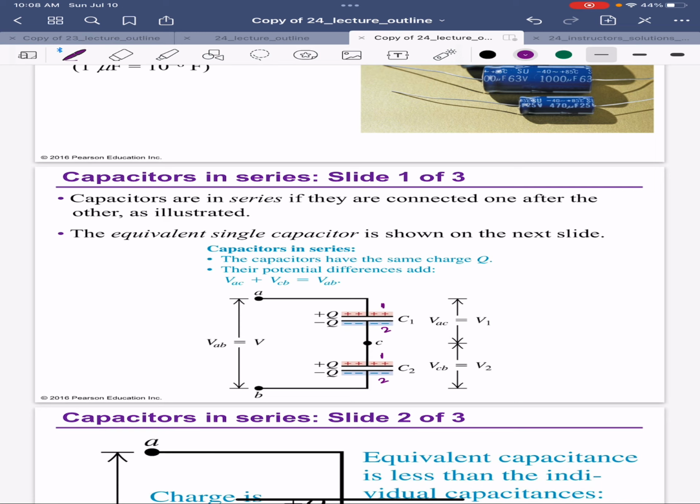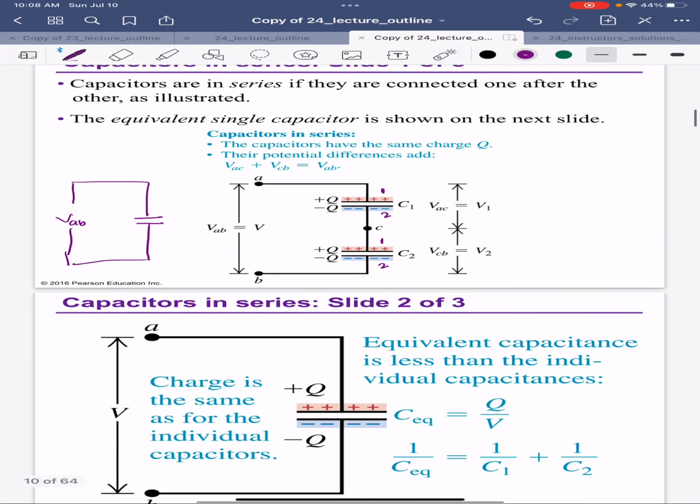Now when we talk about equivalent capacitance, it means that I will replace my capacitors with a single capacitor. And how are we going to calculate this when they are in series?